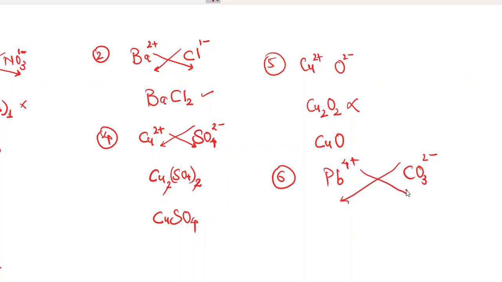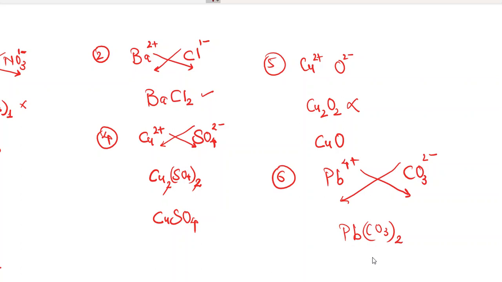Okay, crisscross. Now tell me, before writing anything, what is the HCF of 4 and 2, highest common factor? The highest common factor of 4 and 2 is 2. So we divide both the numbers by 2. If we divide 4 by 2, we'll get 2, and we'll divide 2 by 2, we'll get 1. So basically, we'll get Pb, 1 we don't write, and CO3 twice, lead carbonate.